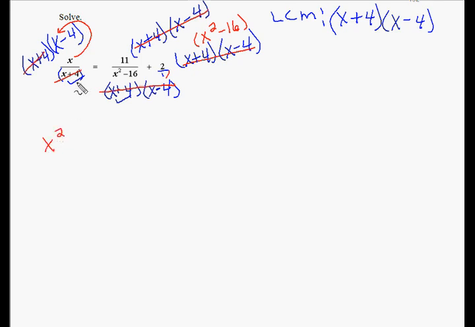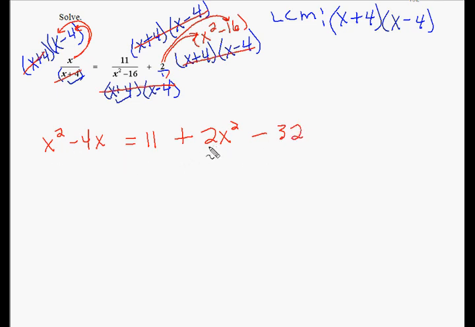We'll have an x squared and a minus 4x is equal to, this 11 is all that's left, everything else has been crossed out. And also, our plus sign there, 2 times x squared is 2x squared, and 2 times negative 16 is negative 32.